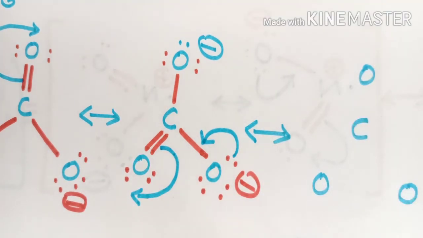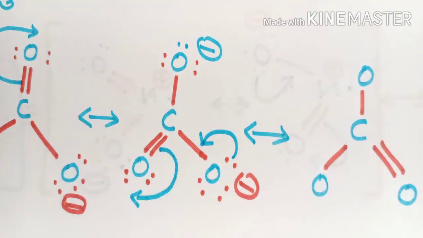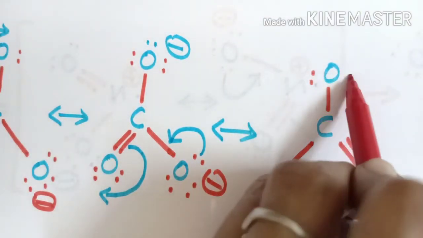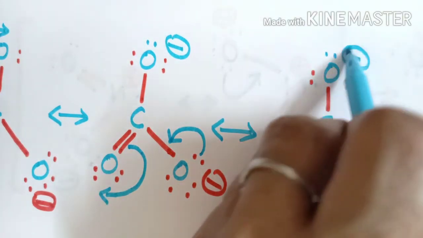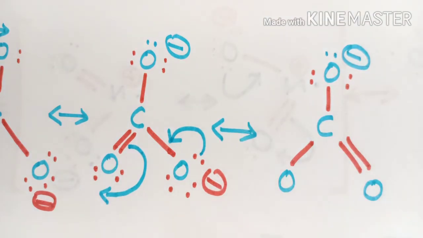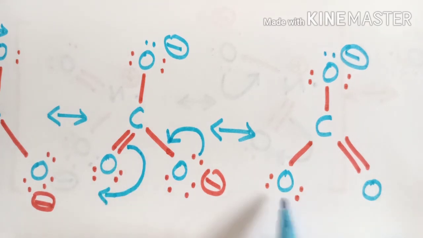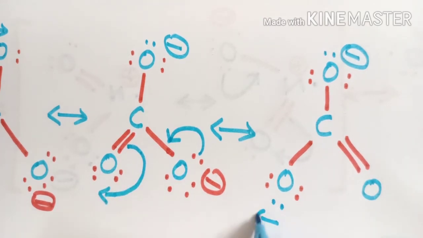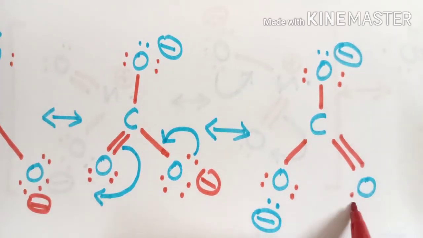Here we have a double bond. This side it became a single bond, and this is already a single bond. So we have a total of 1 2 3 4 and 2 electrons here, so it is carrying a negative charge. Now this has become 1 2 3 4, the 2 electrons that are shifted from the pi electrons, so it will become negative here, whereas the other oxygen atom becomes 1 2 3 4 5 6, so a total of 6 electrons, so that means it is neutral.